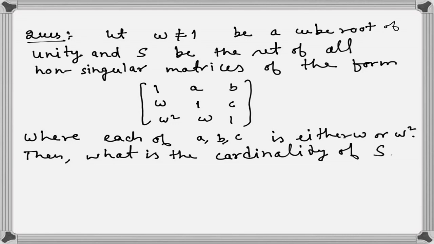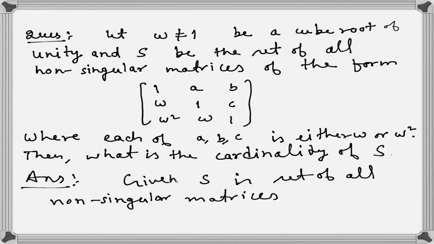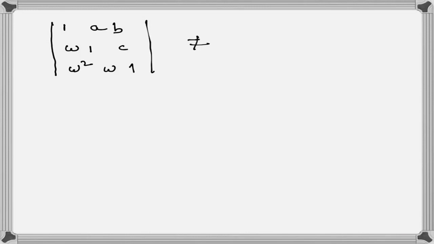Answer: given S is a set of all non-singular matrices, the determinant of this matrix (1 A B; W 1 C; W square W 1) is not 0 by definition.